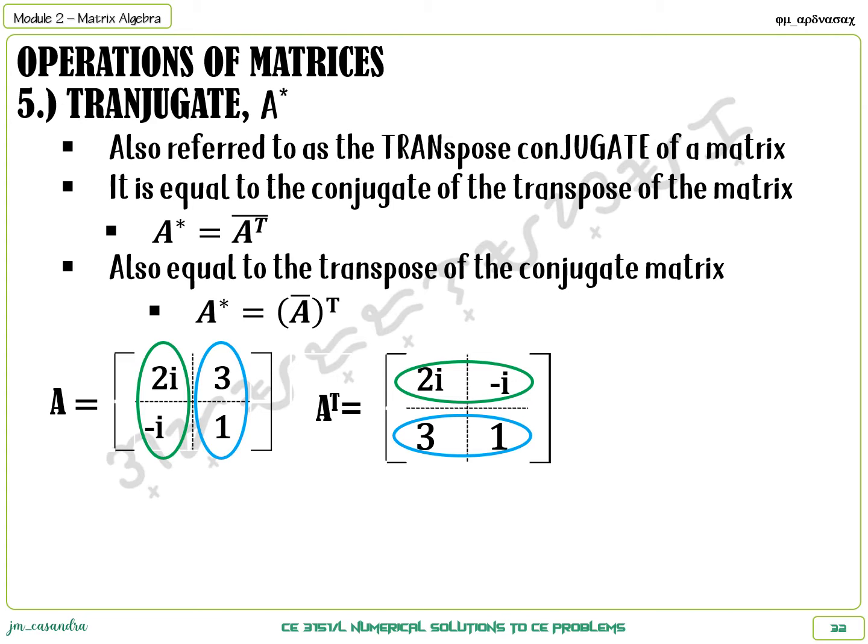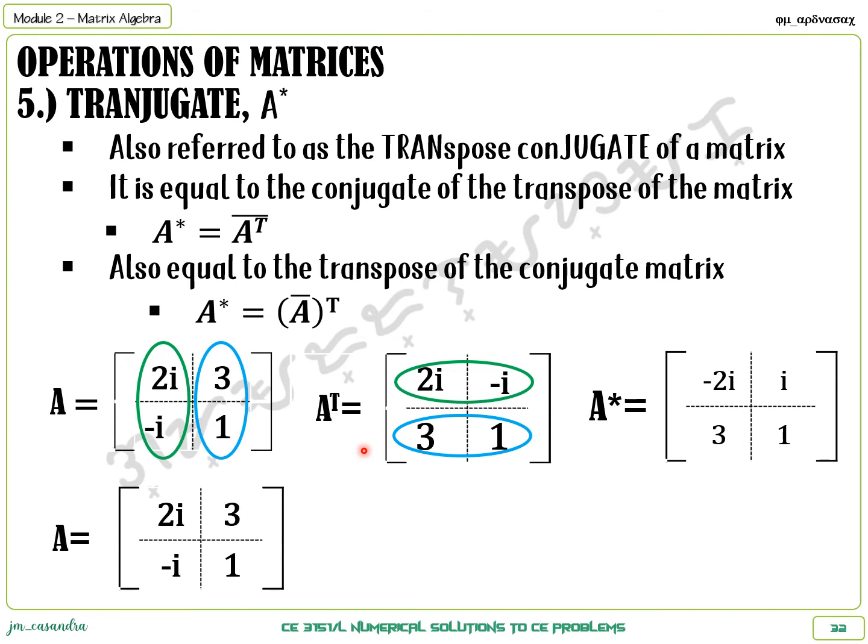Once we have taken the transpose matrix, we now take its conjugate. From this matrix, our tranjugate is now equal to negative 2i, positive i, 3, and 1. So this is now the conjugate of the transpose.